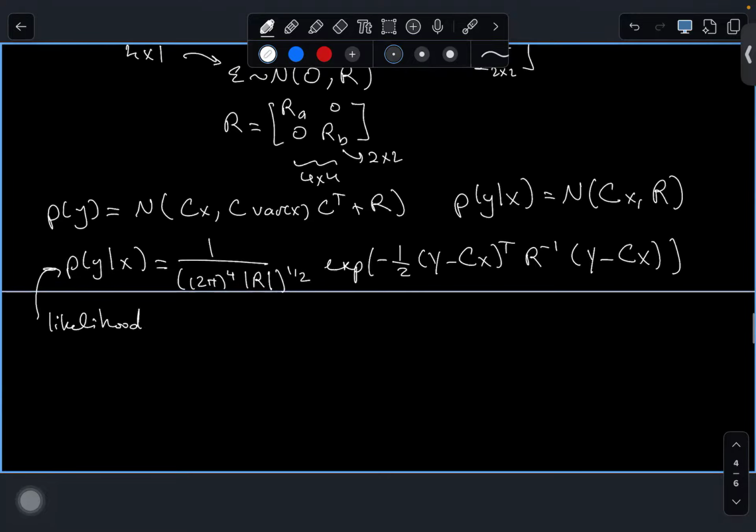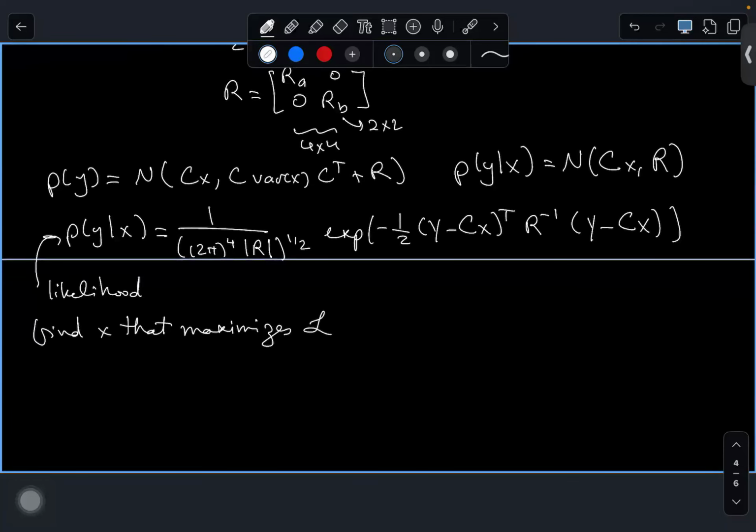This is the likelihood function. So now I want to find the maximum. I want to find X that maximizes the likelihood of Y. Find X that maximizes this likelihood. So I find the log of it, log of this likelihood. Let's see, what do I get?